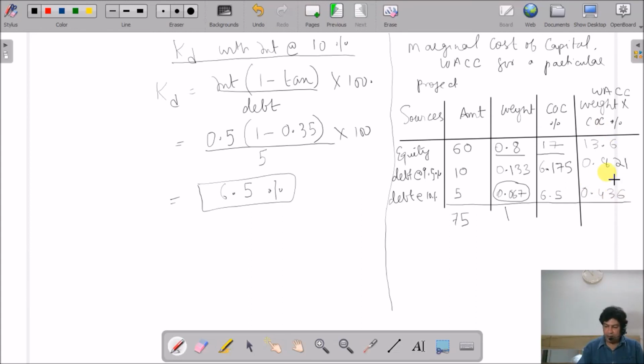So I will be adding all these three: 13.6 plus 0.821 plus 0.436, so I'm going to get 14.857. So this is my Ko, that is the overall cost of capital. But since it is related to a specific project, I will term it as marginal cost of capital, and it can be taken as 14.86 percent.